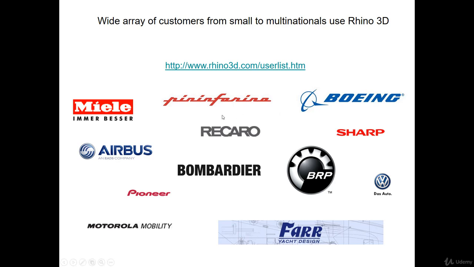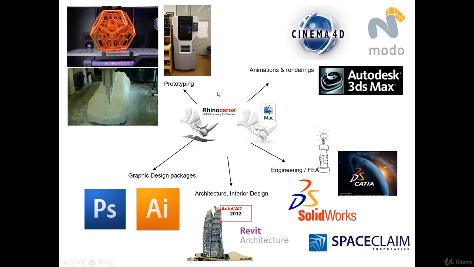And you can see that's just a small list of different companies that are using Rhino. In naval architecture, luxury yachts and all that stuff, Rhino is quite popular. But also recreational products like BRP or Bombardier Transportation, which manufactures trains and subways, and other companies that you can see here. This is just a small sample of who is using Rhino licenses.